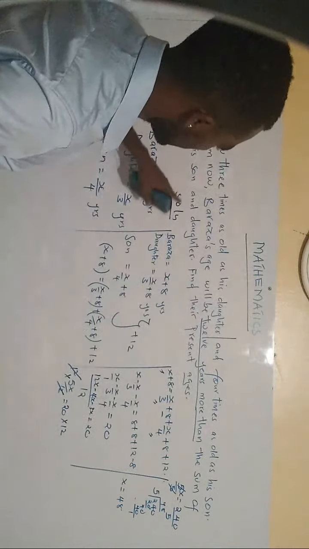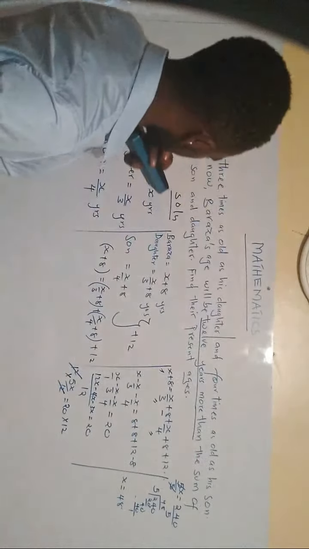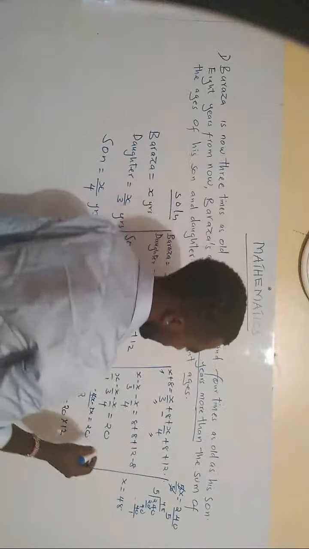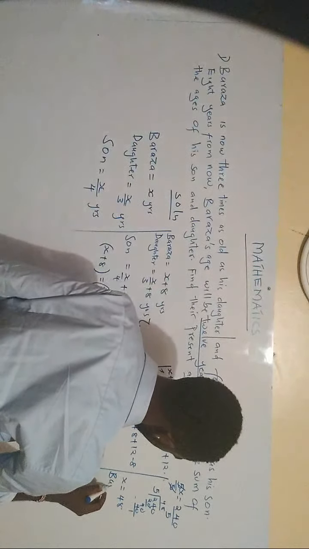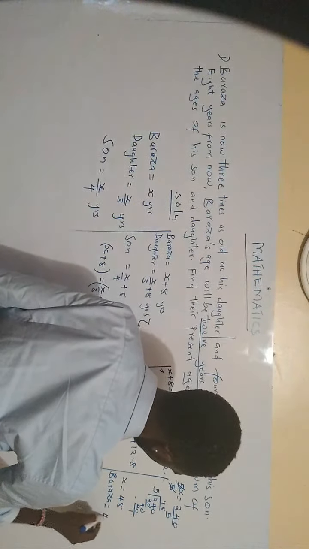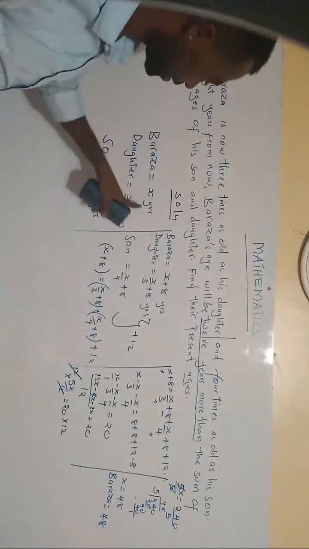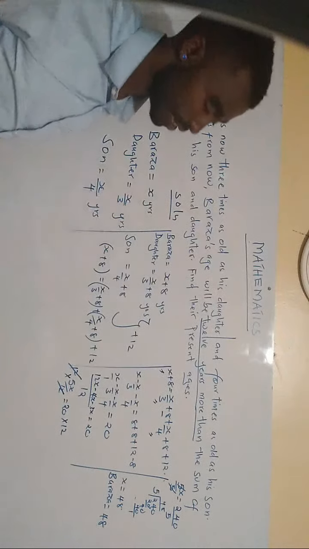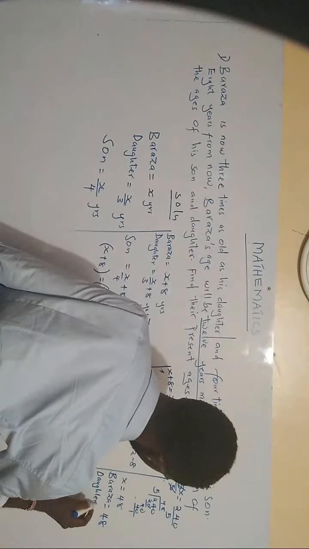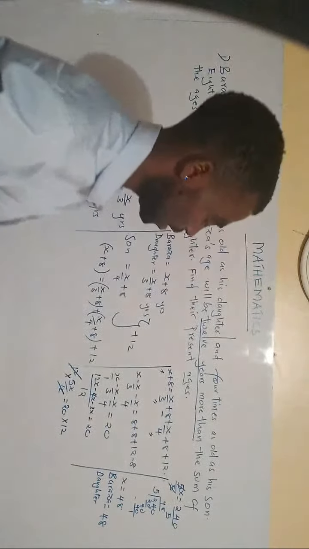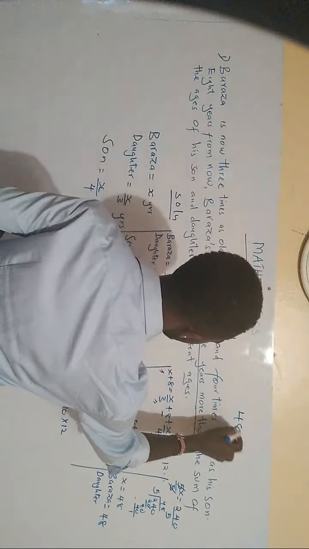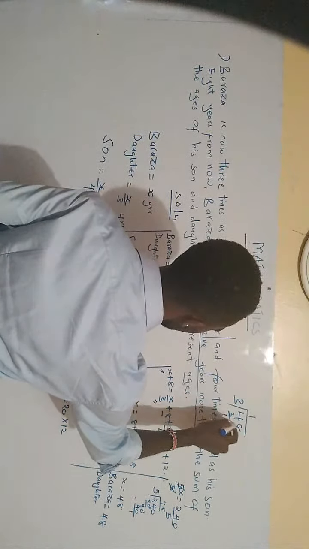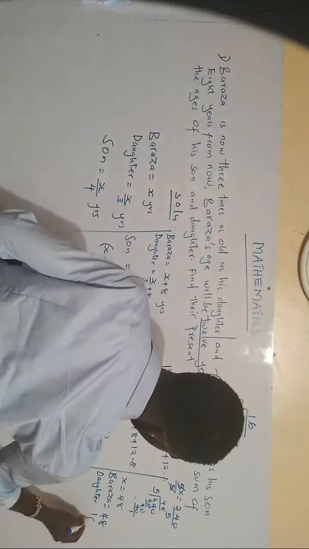So the question was, find their present ages. Baraza is 48, because we said Baraza is x years. Daughter is x out of 3, so 48 divided by 3 is 16 years.